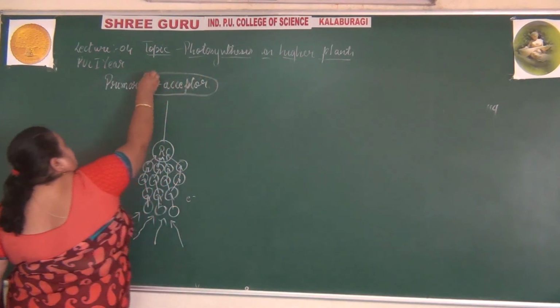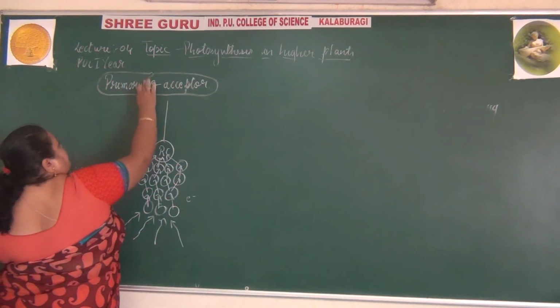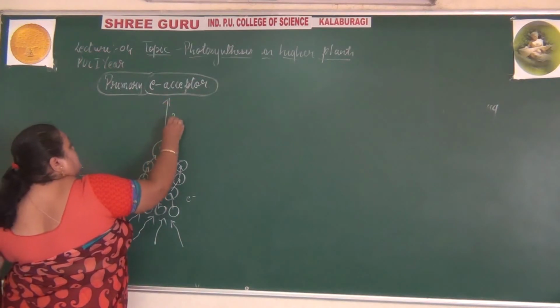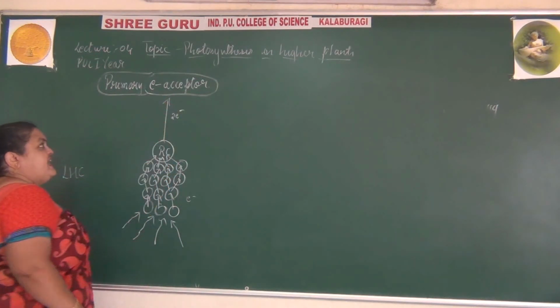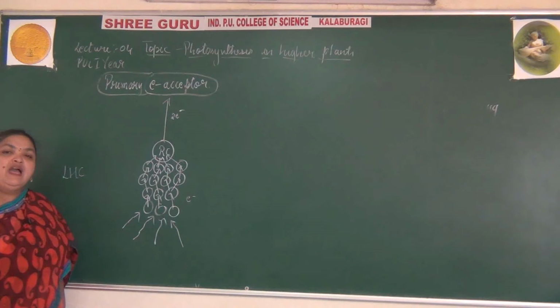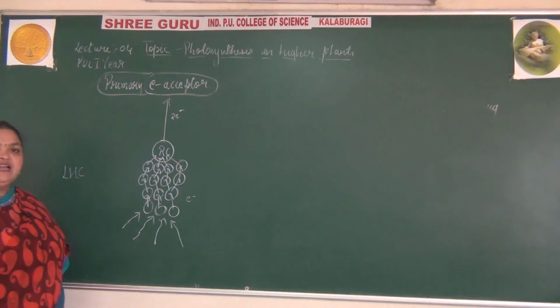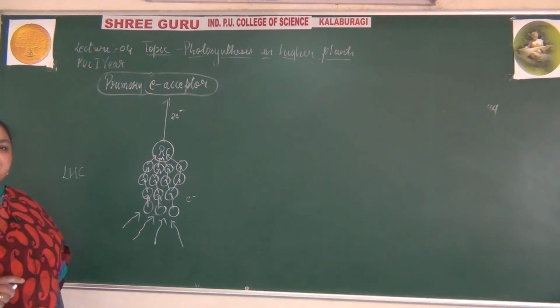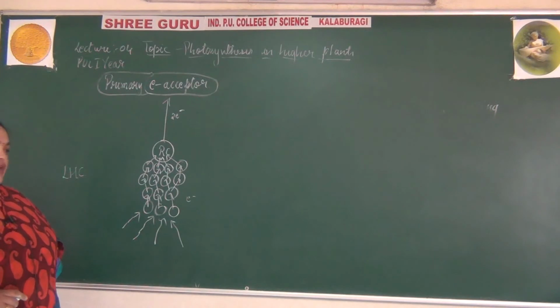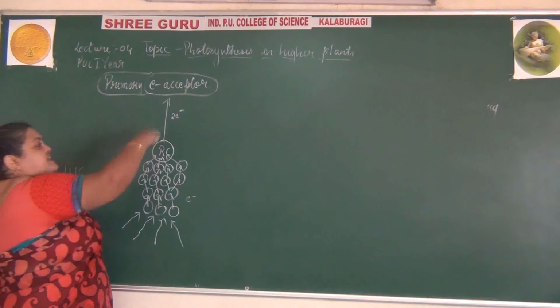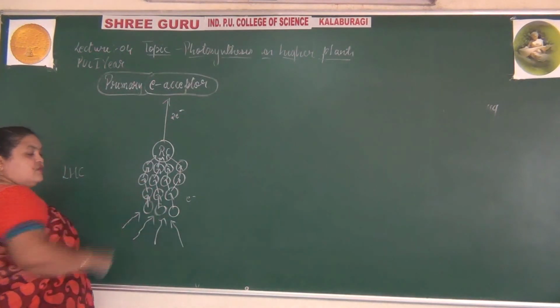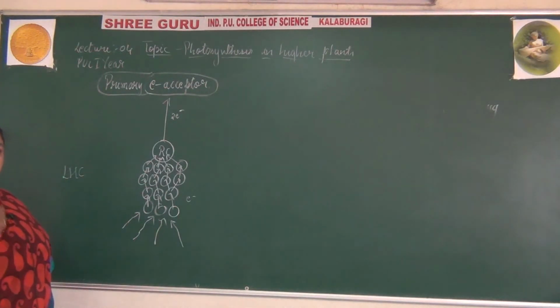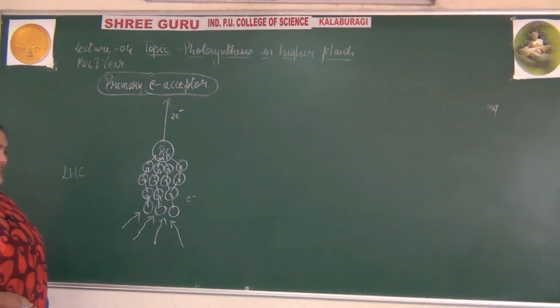Then the electrons are passed to the primary electron acceptor, and this process is called photoexcitation of chlorophyll molecules. They get photoexcited and start to release electrons.